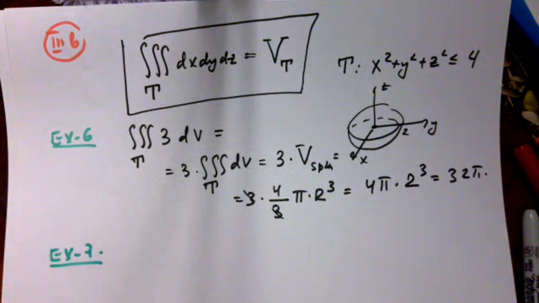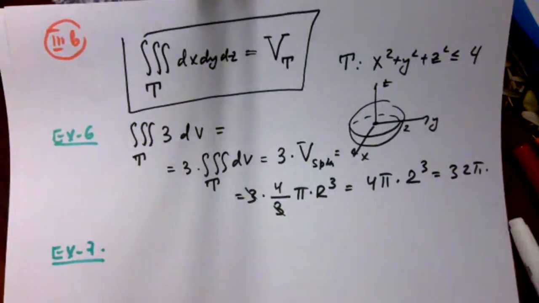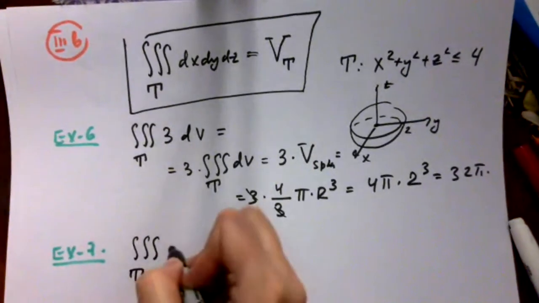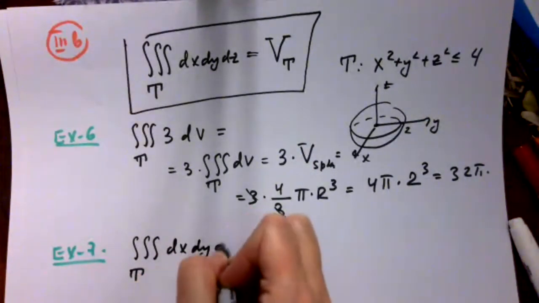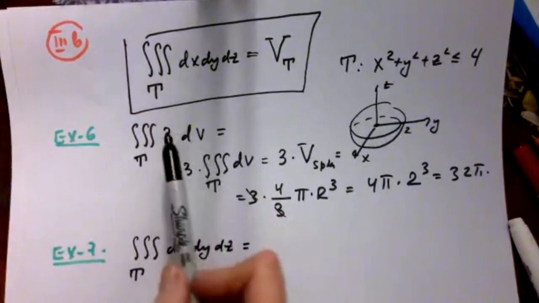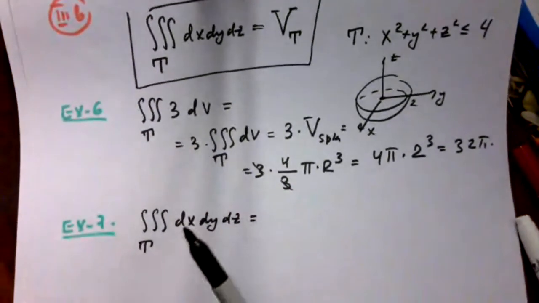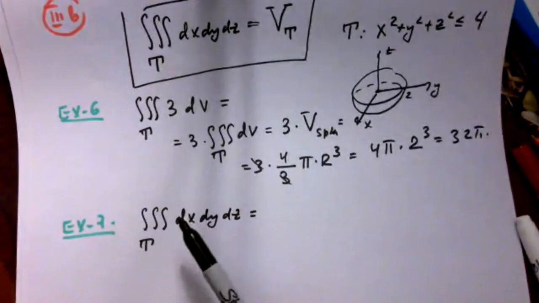Let's do one more exercise. So let's imagine that we are given an integral over region T, and I'm writing dx, dy, dz just for variety. Sometimes I give you triple integrals in this form, and sometimes in this form, just so you don't get used to one form only.